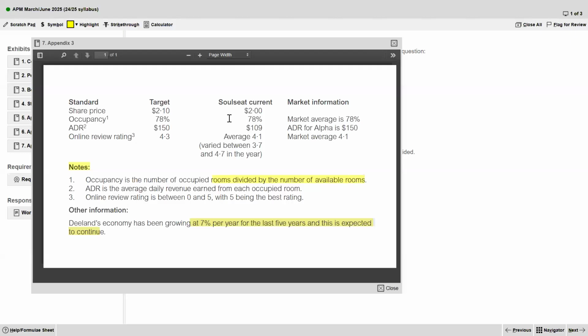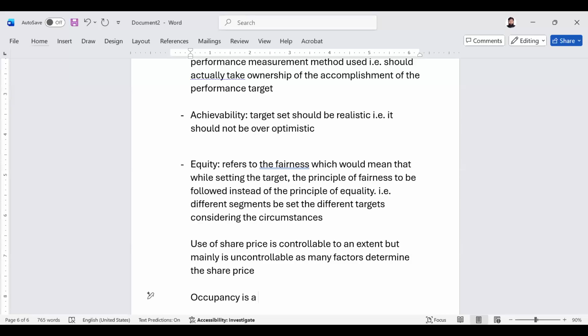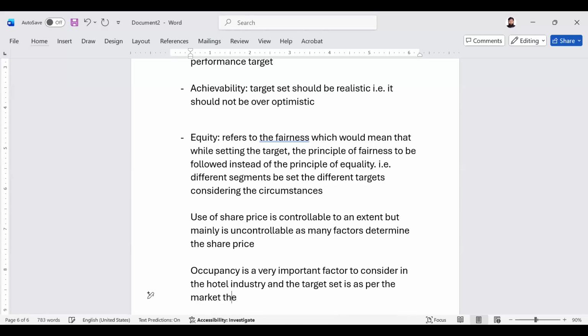Number two is that occupancy is a very important factor to consider in the hotel industry, and the target set is as per the market.